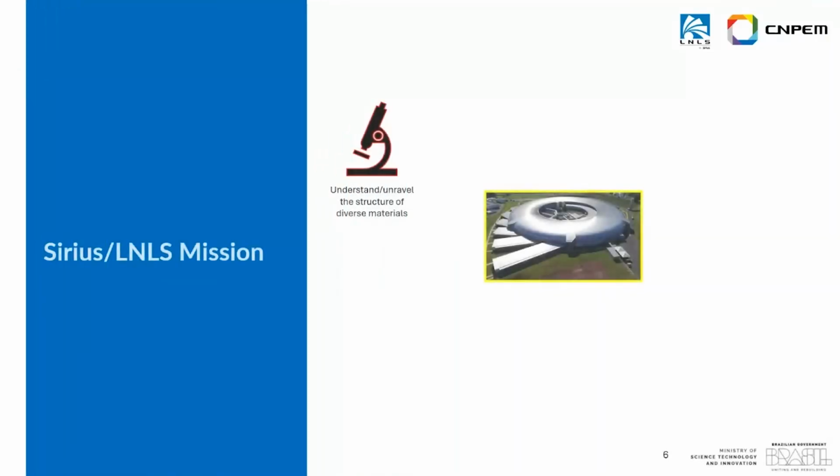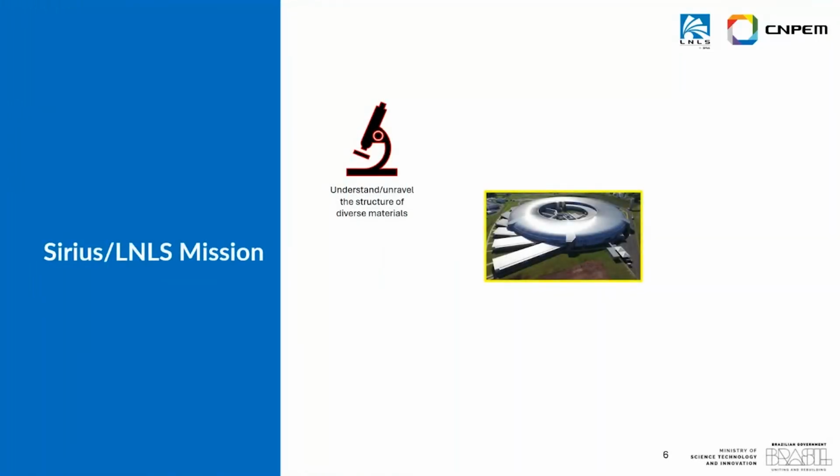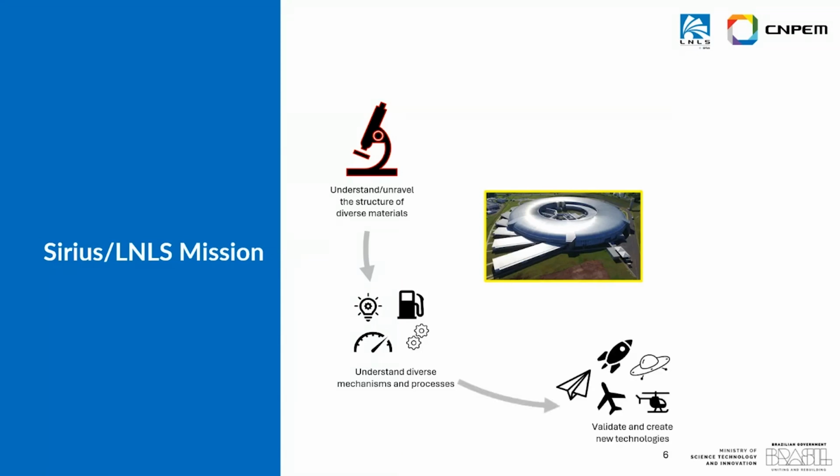So essentially the mission for a machine like this is to understand and unravel the structure of diverse materials. When we do that, we may understand diverse mechanisms and processes related to these materials. And with this, we can validate and create new technologies. To do this, we make use of new experimental techniques that are always being thought out by the scientists here.